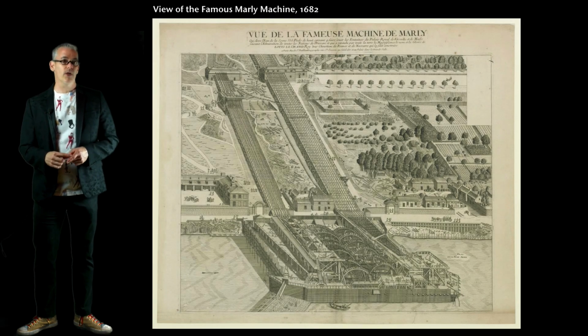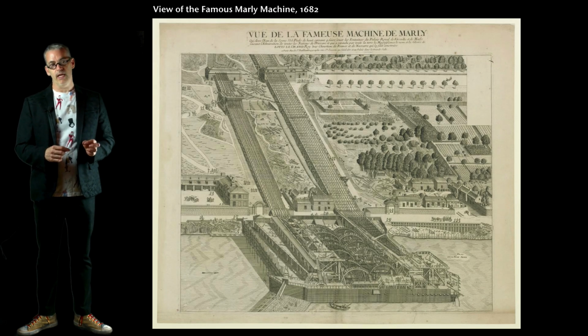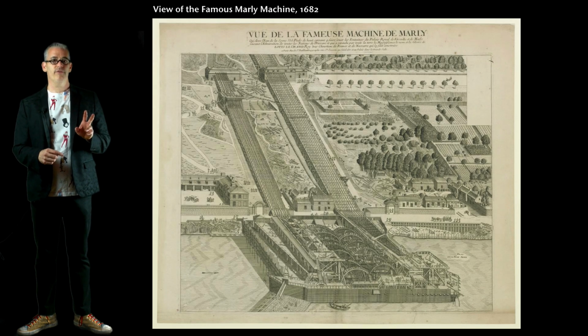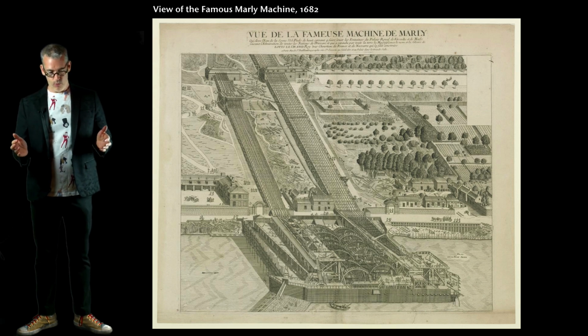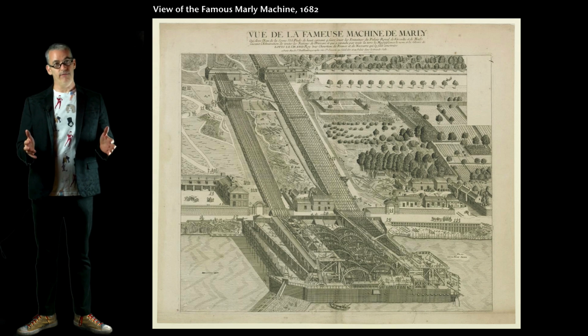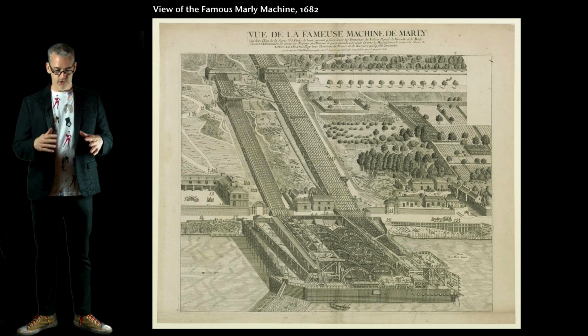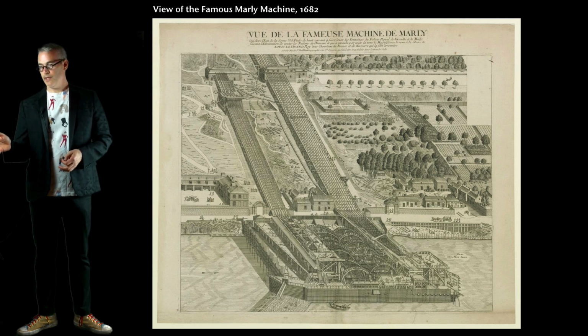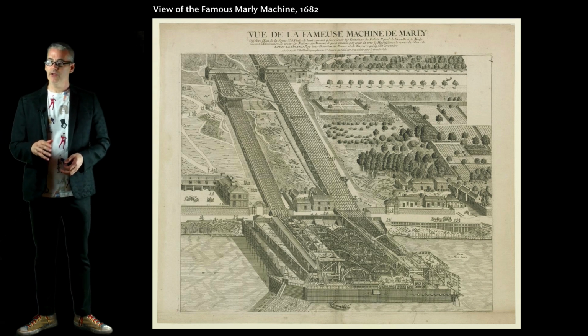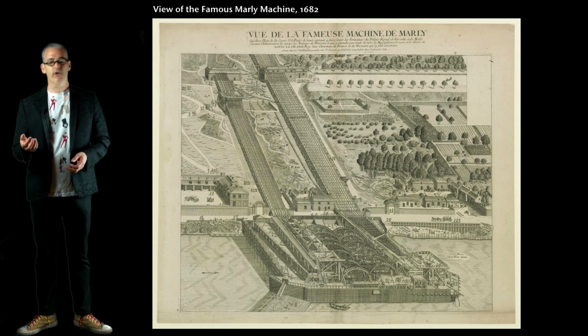I want to return to the Marly Machine, which I introduced briefly in that weird little talk on alternative power sources like animals. This was a huge wheel-based system in a river in France. The power of the stream turned the gears, which powered pumps, and the pumps moved water up from the river to the fountains of Versailles. The reason I want to bring it back is, when you hear about this or see it, it seems ridiculous.